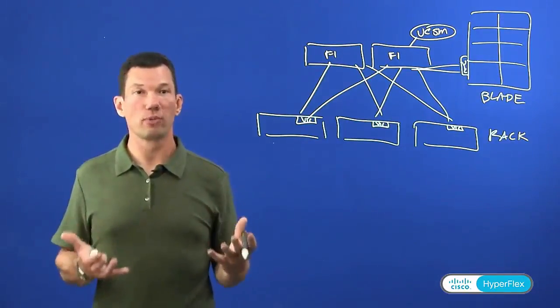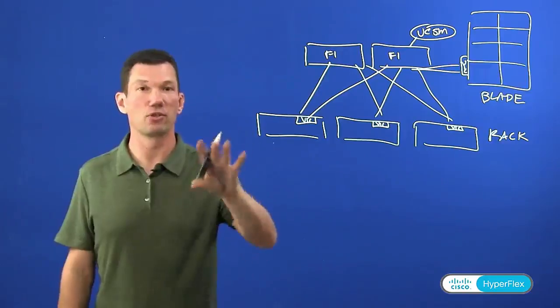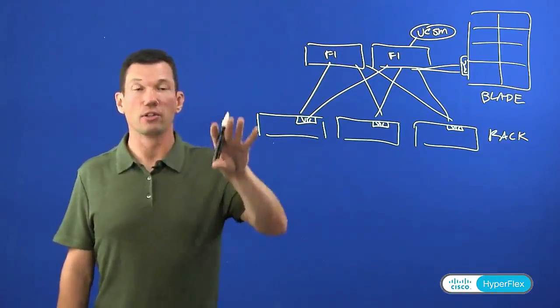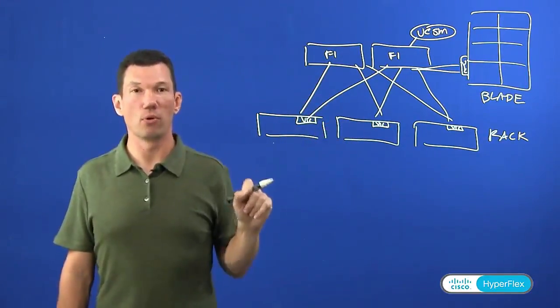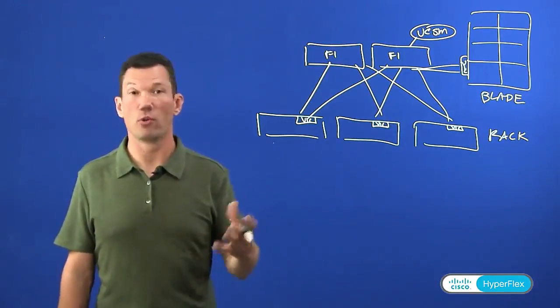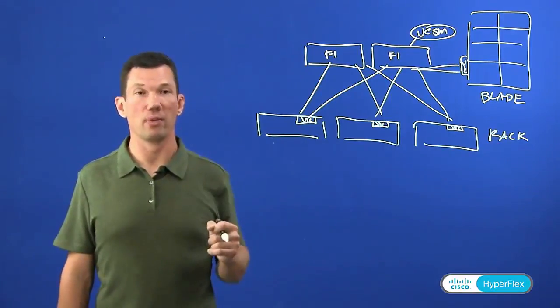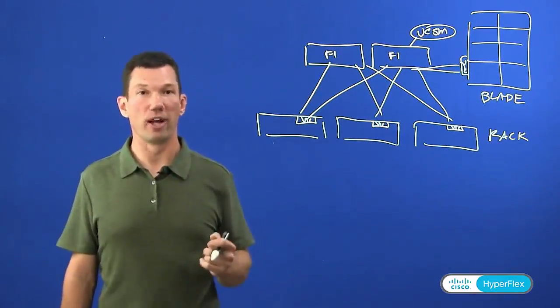This is really valuable operationally because it allows me to abstract the server configuration and look at that in a profile management portion of UCS. So imagine if you had 50 or 100 or 1,000 servers. As I plug more and more into my environment, I just apply that profile.